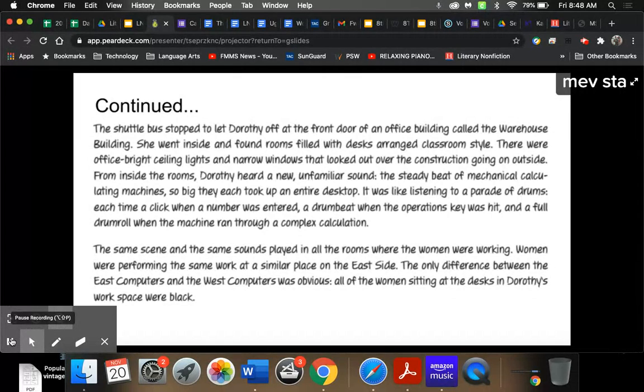It was like listening to a parade of drums, each time a click when a number was entered, a drum beat when the operations key was hit, and a full drum roll when the machine ran through a complex calculation. The same scene and the same sounds played in all the rooms where the women were working. Women were performing the same work at a similar pace on the east side. The only difference between the east computers and the west computers was obvious. All of the women sitting at the desk in Dorothy's workspace were black.